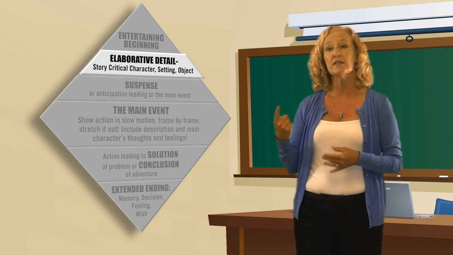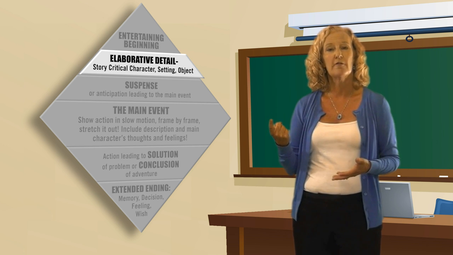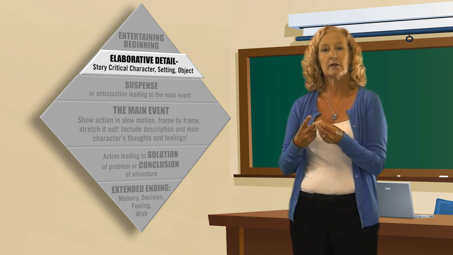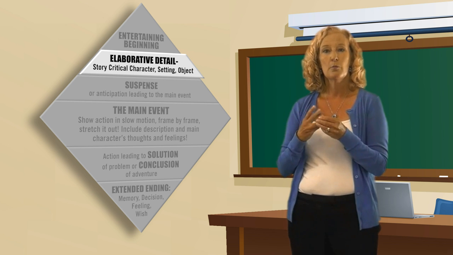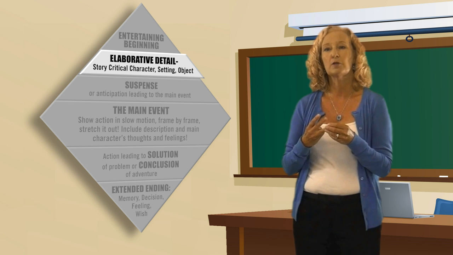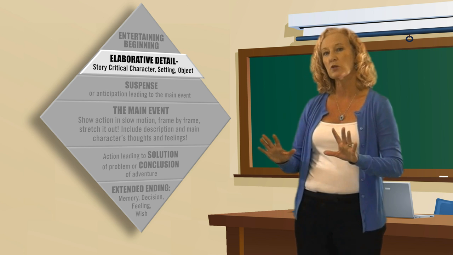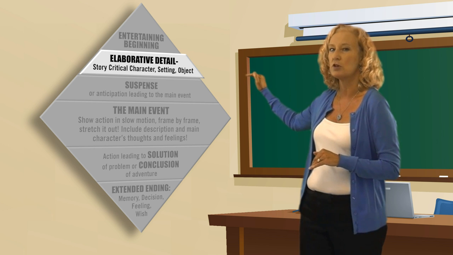One of them might be the setting, where the character is finding himself or herself. Another might be the character. Maybe it's an interesting character that comes into the setting. And then another most important part might be an object, a story critical object. So when the author stops the story action, they describe something really important to the story.